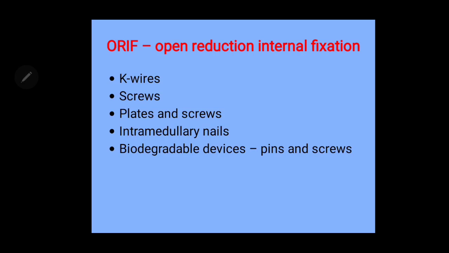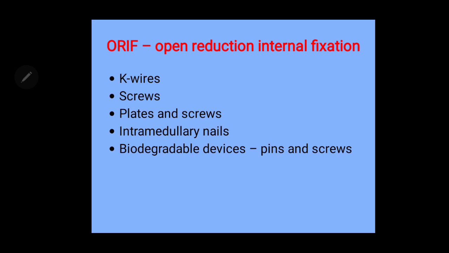As well, we use K-wires of 1.5, 1.6 millimeters in diameter to apply a skeletal traction. And K-wires of 2 millimeters diameter are used in Ilizarov frame, in basic rings and in reduction rings. So application of Ilizarov frame requires K-wires of this diameter.